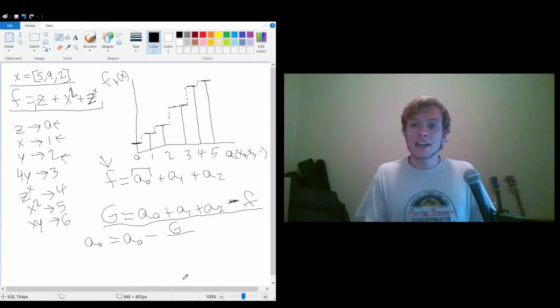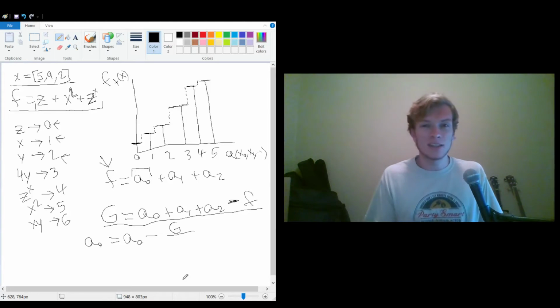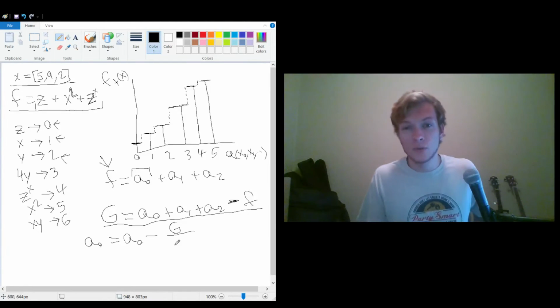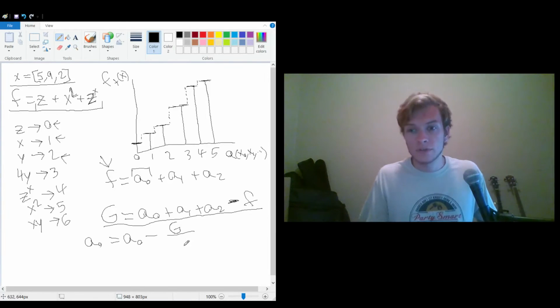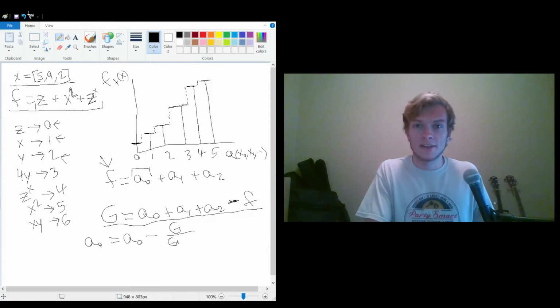G prime. Now, when I plug this into a program, I'm not doing anything symbolically, so in order to do the derivative, I simply did a central difference. So I did G plus, I'm gonna draw this a little smaller, I guess.